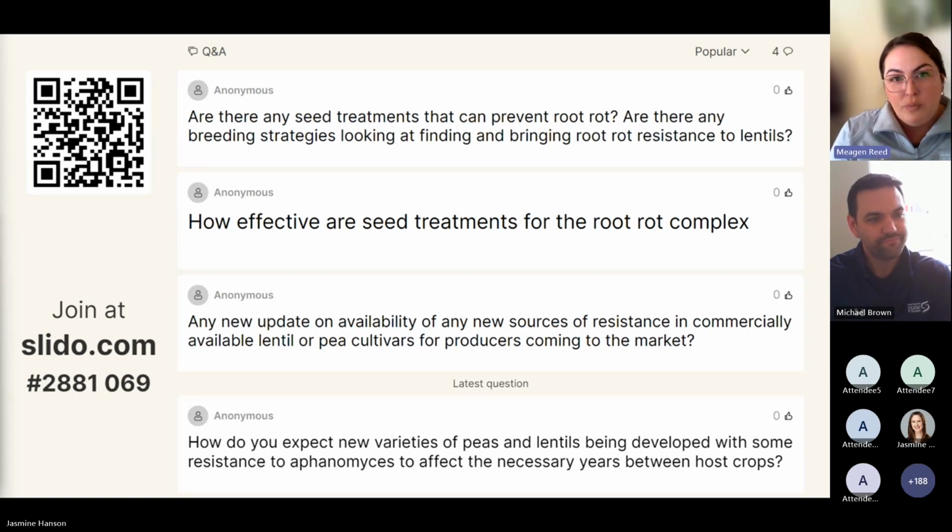So in fields where the risk is low and the conditions are not conducive to a root rot infection, using that seed treatment will suppress that Aphanomyces infection for the duration of its efficacy. Seed treatment efficacy is anywhere from 28 to 35 days after seeding. So once that seed goes in the ground, your efficacy clock starts ticking.